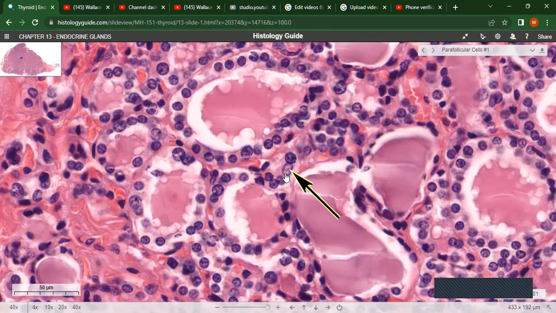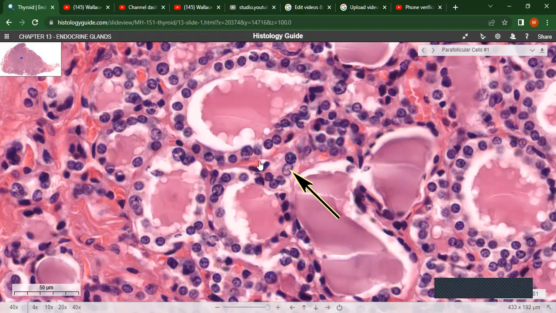It also increases renal excretion of calcium. So the function of calcitonin is to lower serum calcium level. It is antagonistic to the parathyroid hormone. Parathyroid hormone increases serum calcium levels.